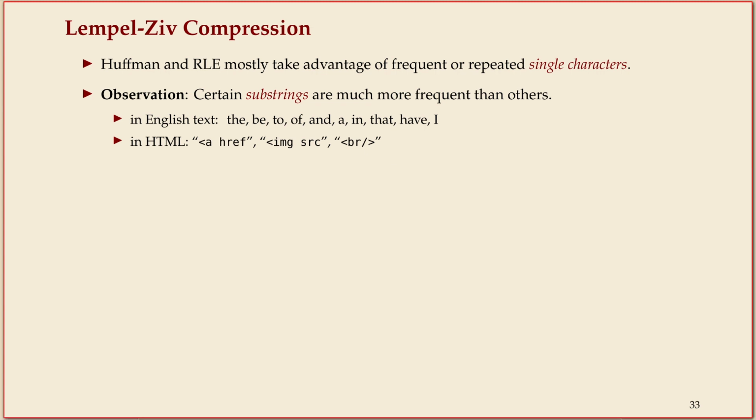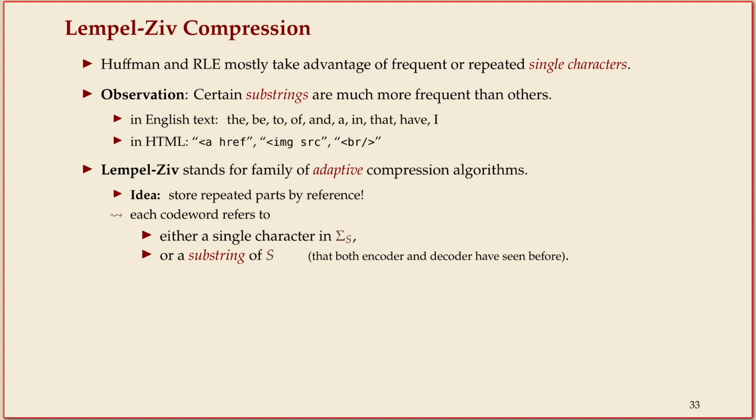And it makes sense to somehow represent those with less space. And Lempel-Ziv is trying to do that, but not by analyzing the text up front and finding frequent subwords or anything fancy like that. It's just a simple mechanism for adaptively finding these boxes and back pointers.